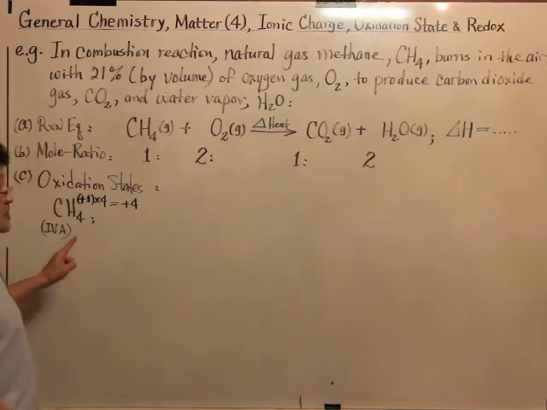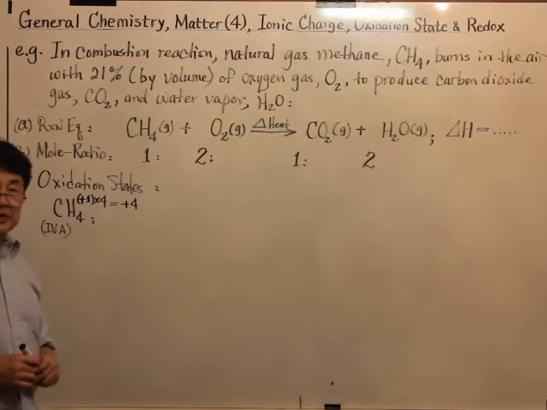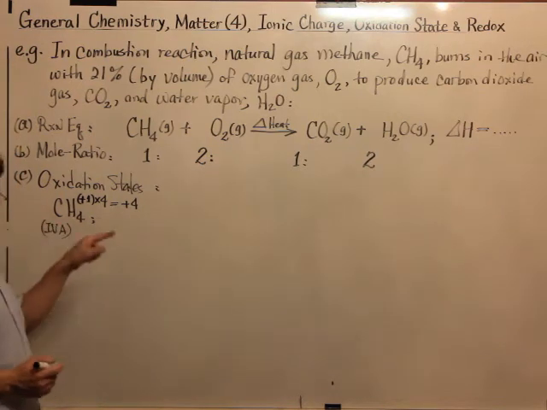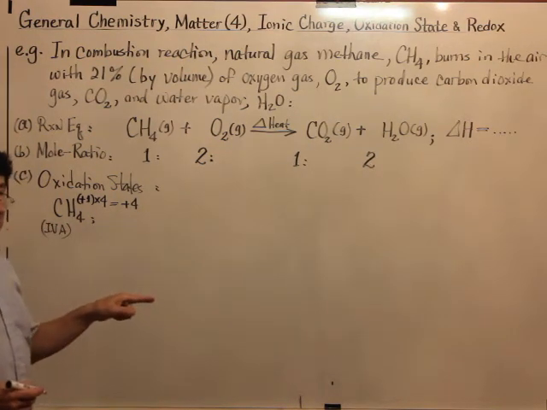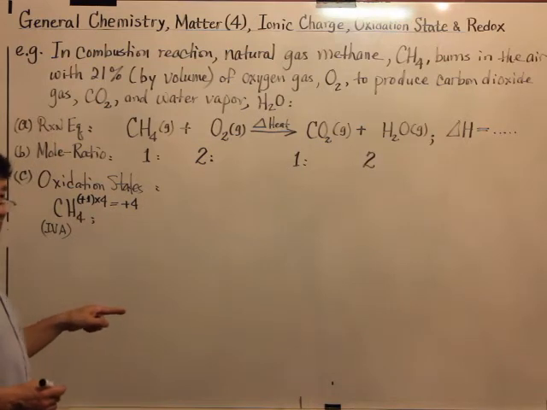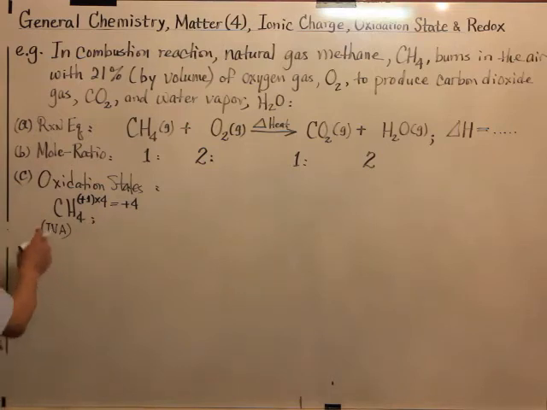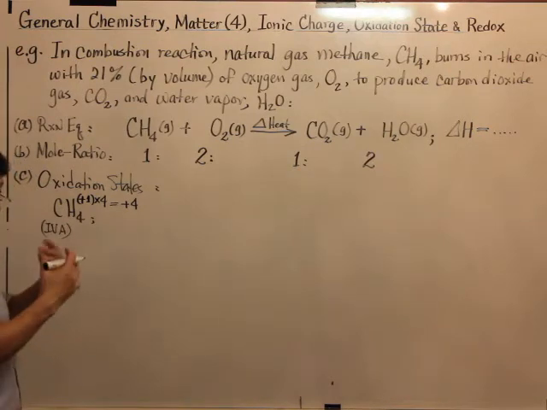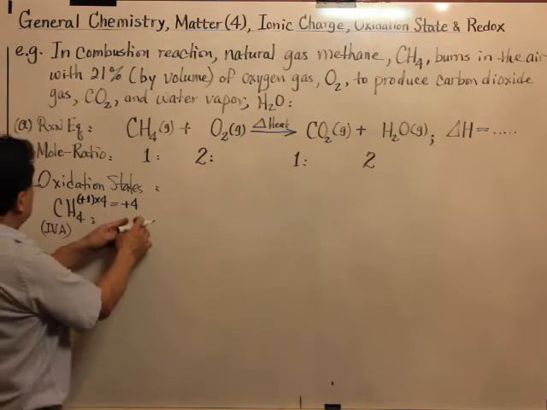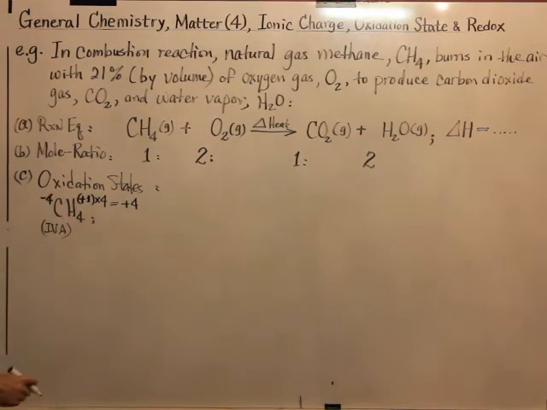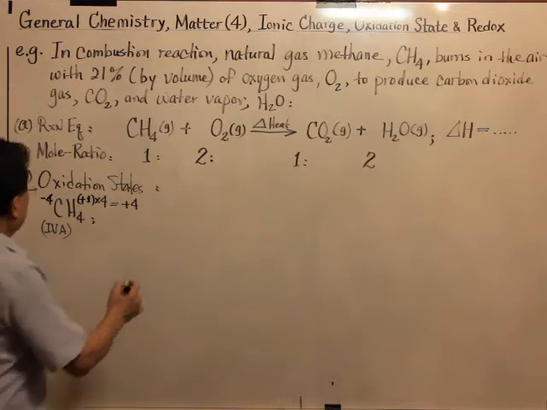The 4 hydrogen atoms contribute +4, but this compound, methane, is a neutral compound. It doesn't have any positive or negative charge to the outside world. So it is neutral, it's 0. In order to make the whole compound 0, the remaining atom, carbon, must contribute -4. And the -4 combined with +4, then the whole compound will be neutral, 0. Understood? Okay, that's the first one.